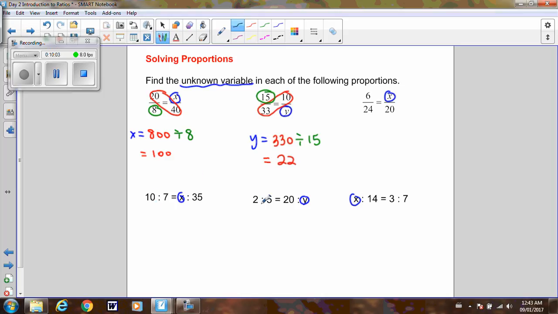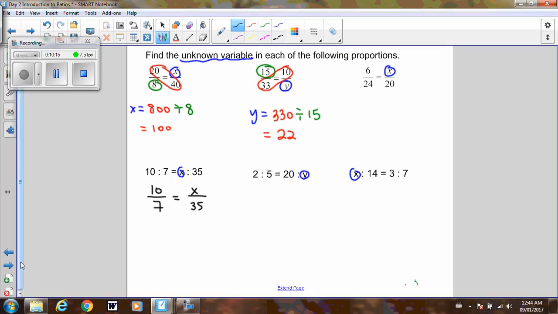Okay. I'm going to do one more that's a little bit different here. So I'm going to do these bottom two, and I'll leave the other two for homework. So this one I can rewrite as 10 over 7 equals x over 35. Okay, so what you can do here, if you're solving for x, is write x, which is what you're trying to solve. You look for the two numbers diagonally across that you can multiply, so these two right there. There's always going to be a pair of numbers that you can multiply.